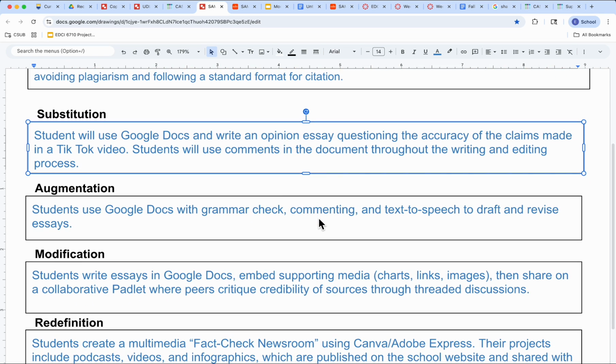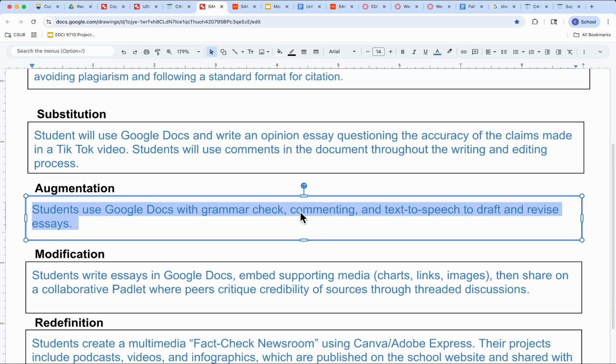Now, if I use technology to augment how it's integrated within the lesson, I have students using Google Docs with grammar check, commenting, using text to speech to draft and to revise their essays. So now there's a little bit more to it. Again, you could use the text to speech. Think of how that might support Joe, who had a little bit of challenges with that.